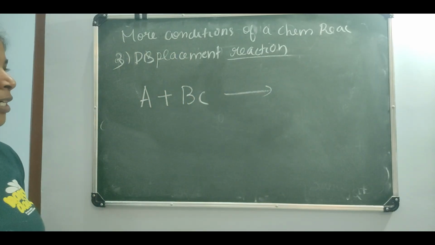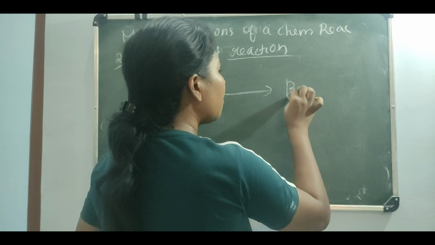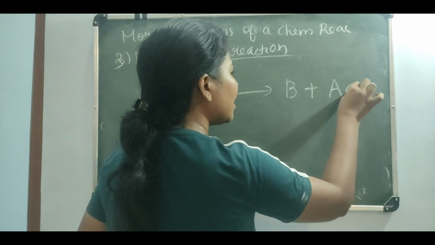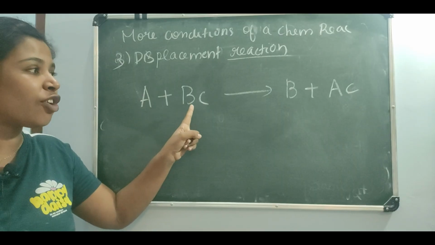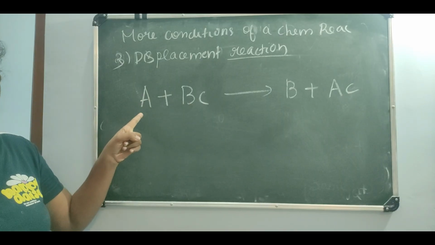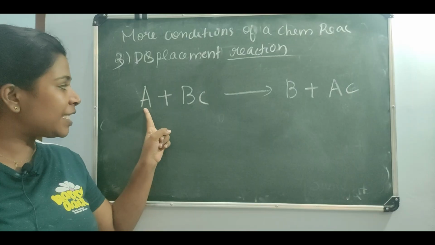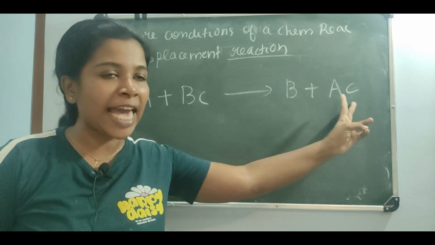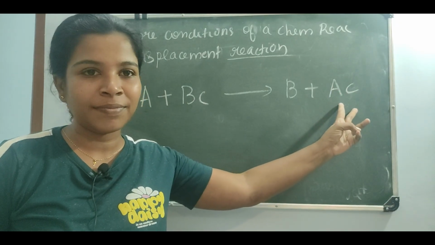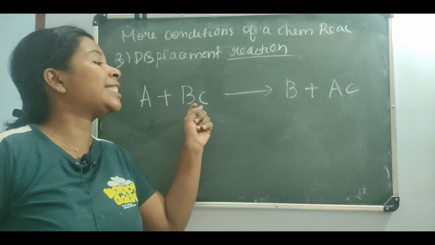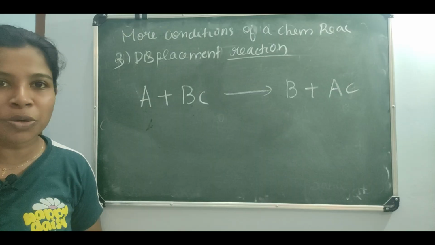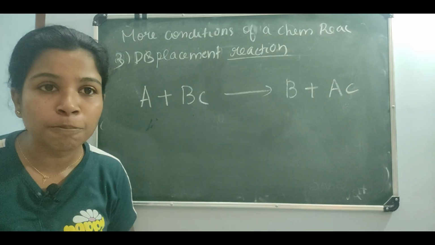The product got is B plus AC. See, in this reaction, A took the place of B and B came to the place of A. That means A combined with C and AC was formed. Which means here A is displacing B. Understood? A is displacing B.